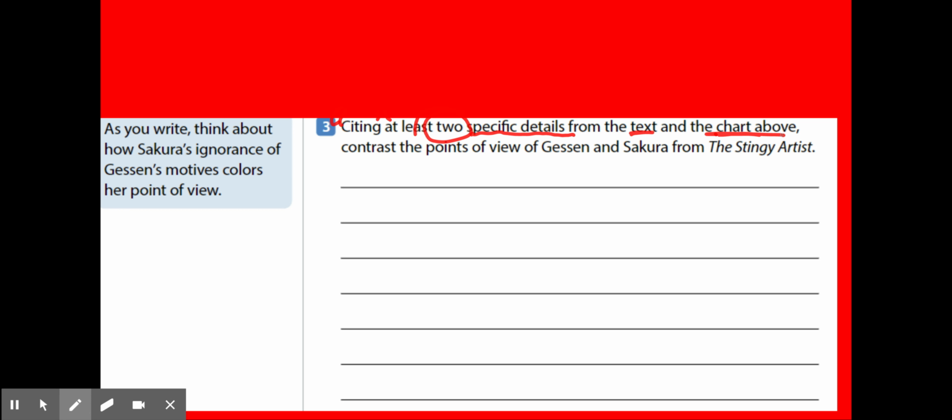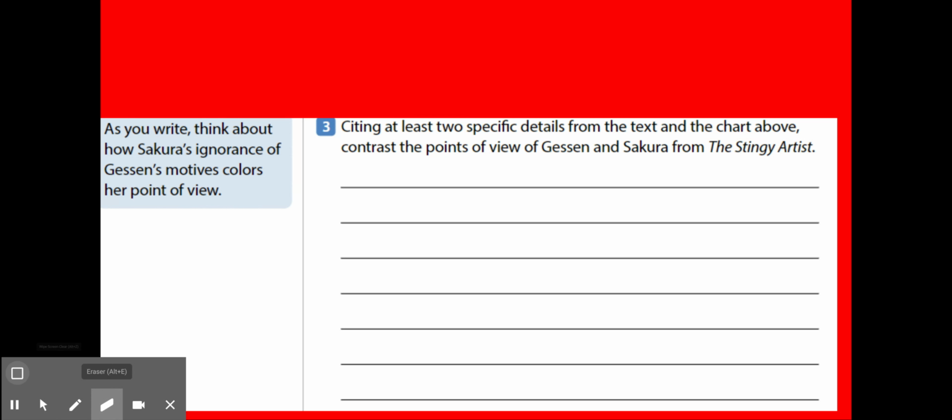Contrast the points of view of Geeson and Sakura from the stingy artist. Now, over here, we've got a hint that says, as you write, think about how Sakura's ignorance, which means she doesn't understand, ignorance of Geeson's motives, colors her point of view, because she doesn't know why he's charging so much money. She just thinks he's being greedy.